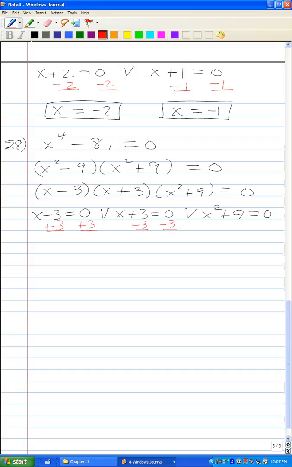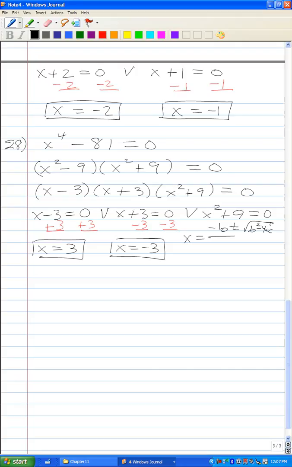So let me add 3, so I get x = 3. Subtract 3, so x = −3. Let's use the quadratic formula: x = (−b ± √(b² − 4ac)) / 2a.